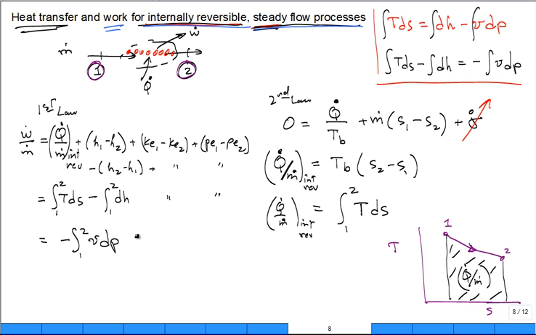And then I still have the kinetic energy in minus kinetic energy out, and the potential energy in minus potential energy out. But this is W dot over m dot. It has to be for internally reversible, because we used that assumption right here on Q dot.